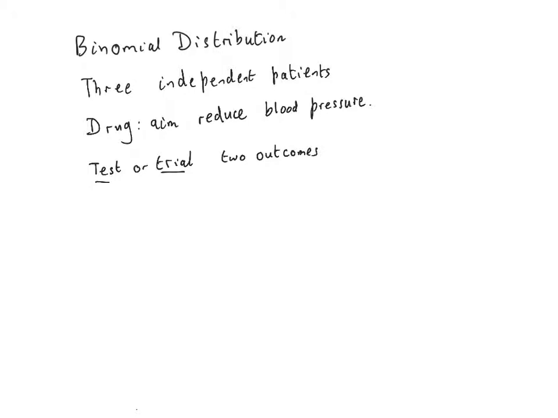And the outcomes can be that the blood pressure is reduced, and this is thought of in general as being a success, and we're going to denote this with the capital letter S. Alternatively, the blood pressure may not be reduced.